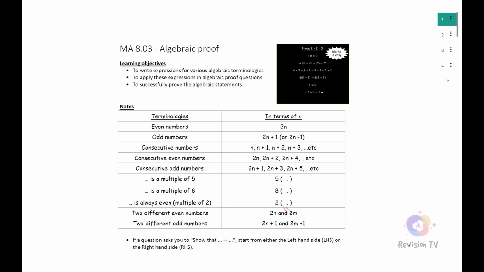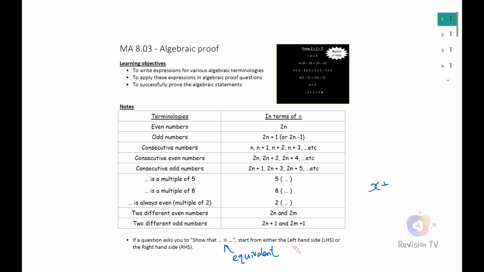One slightly easier version of the question is when it asks you to show that, and then you see a triple equal sign. This means equivalent. So what does equivalent mean? What's the difference between triple equal and double equal? A double equal means the x is not always valid. So equal means it could be equal, but it's not always equal.